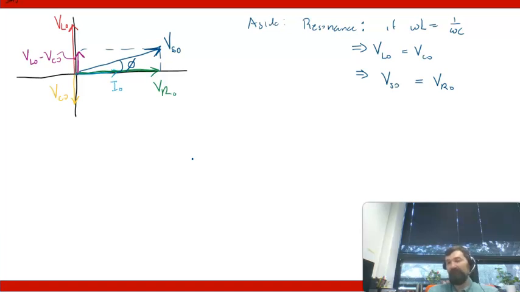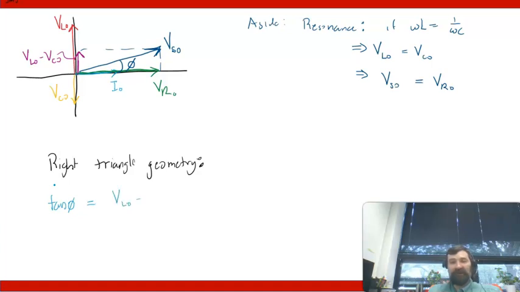Using a little bit of right triangle geometry, it should be obvious that the tangent of the phase angle phi naught should be the opposite, which is VL naught minus VC naught, divided by the adjacent, which is VR naught.